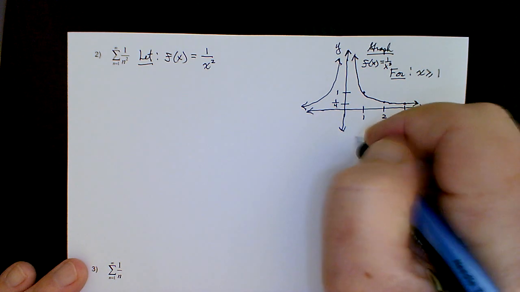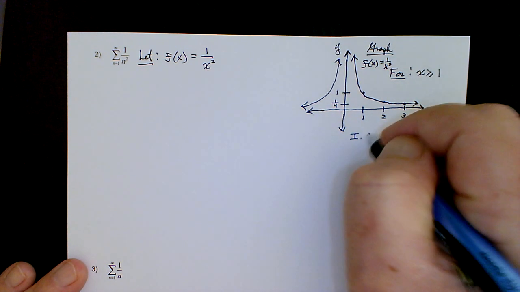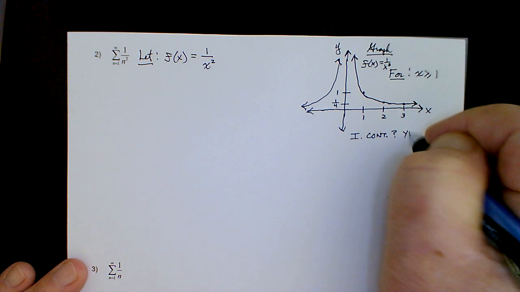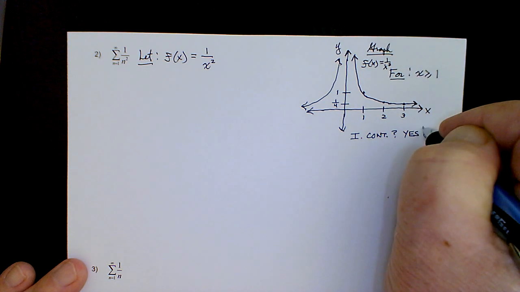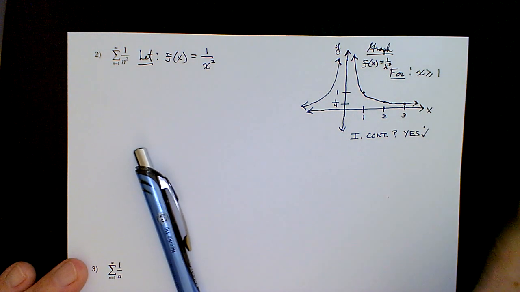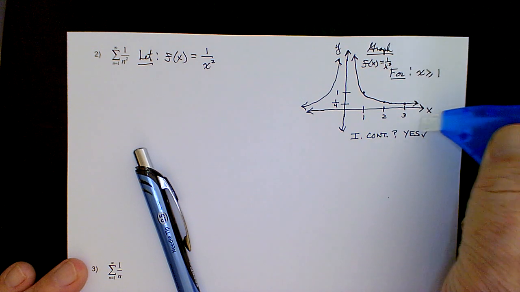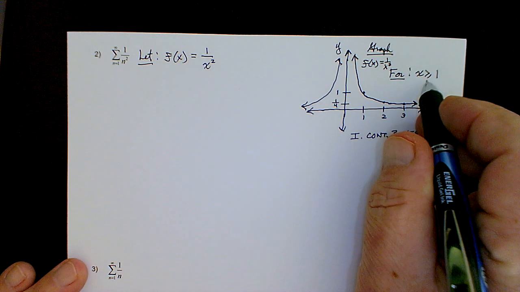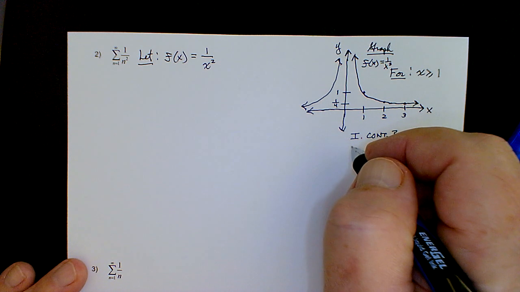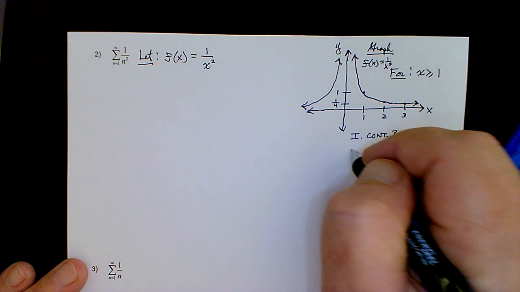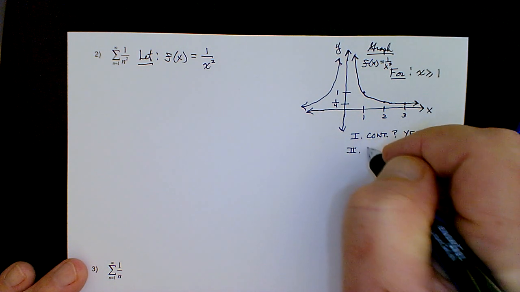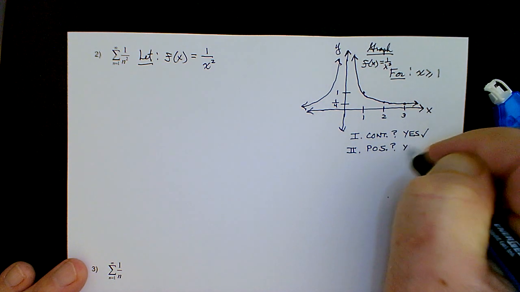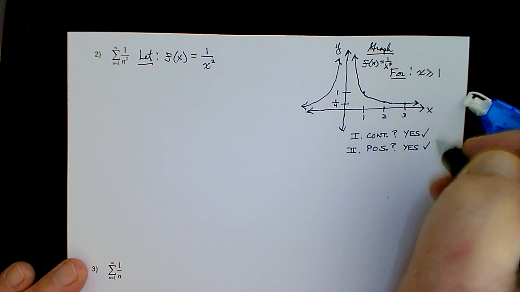So, first thing, continuousness. Is it continuous? The answer is yes, and that's for x greater than or equal to 1. It is discontinuous at 0, but we're not concerned with that, because again, x is greater than or equal to 1. So, is it positive? The answer to that is yes, by the graph.